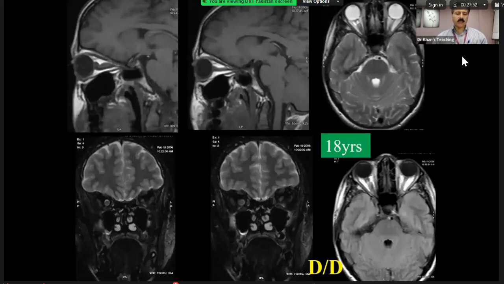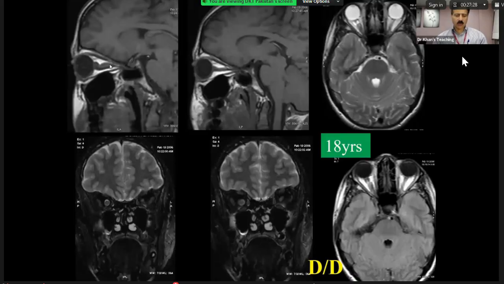And in NF1, there is a criteria to diagnose NF1, which we will consider. But in NF1, what happens is that optic nerve glioma is one of the prerequisites. The teaching point on this case was to develop your eyes on a sagittal sequence.